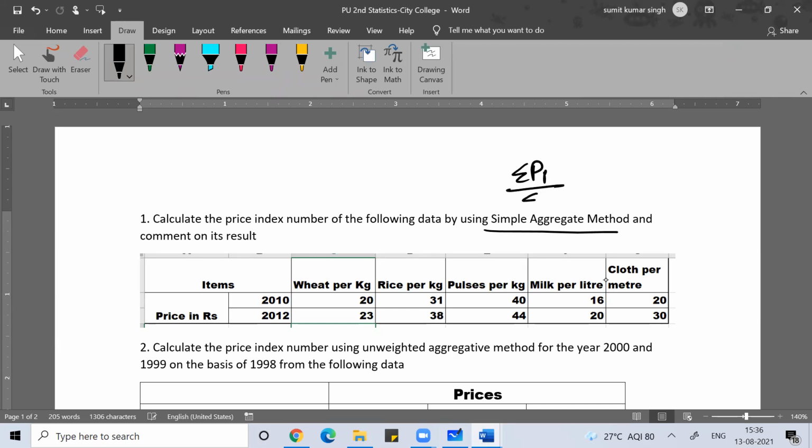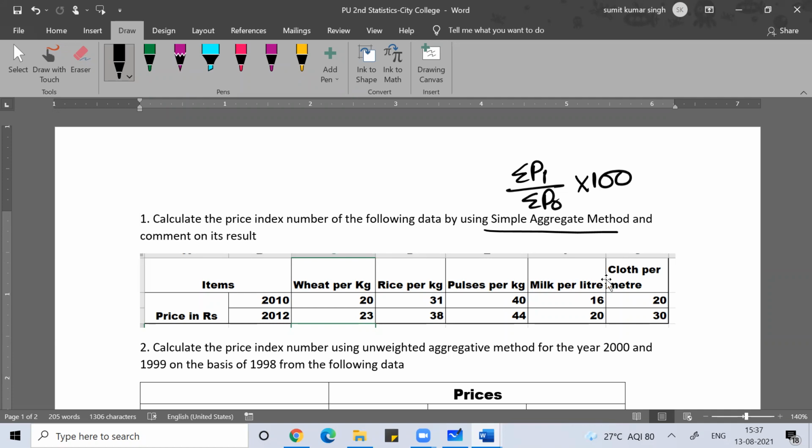We follow the formula sum of P1 by sum of P naught into 100. This tells us the inflation rate, how much the prices of goods and services have increased in 2012 as compared to 2010.